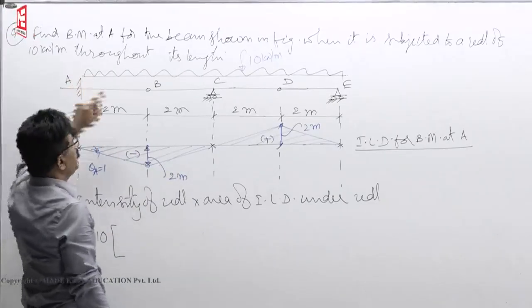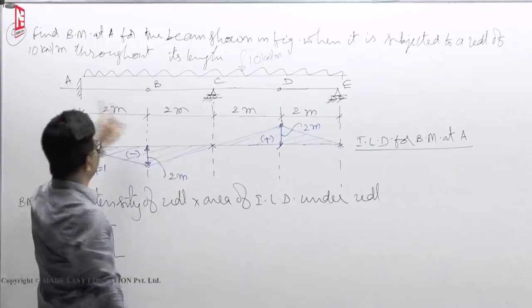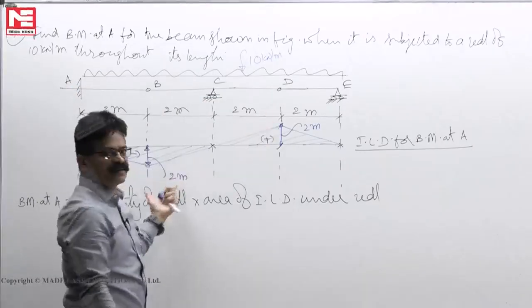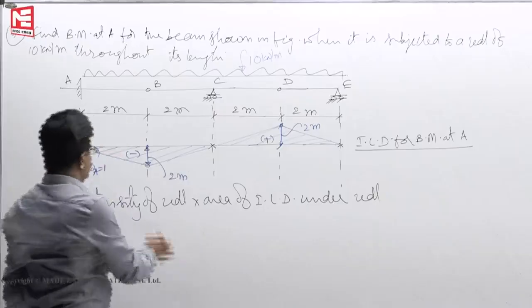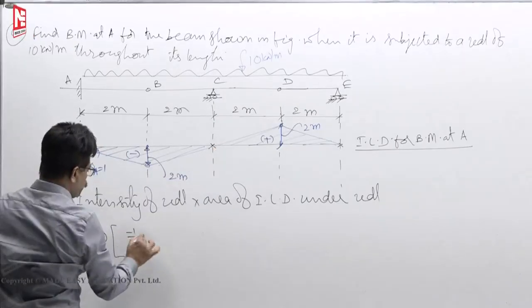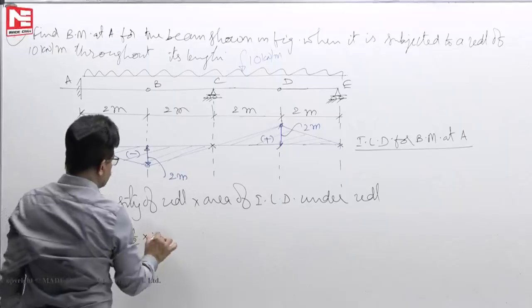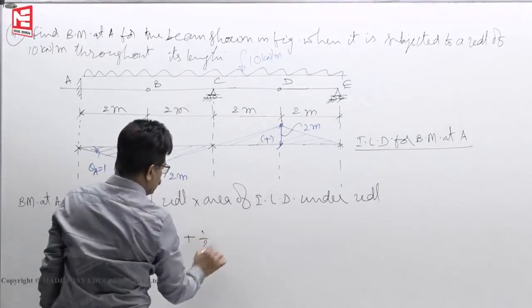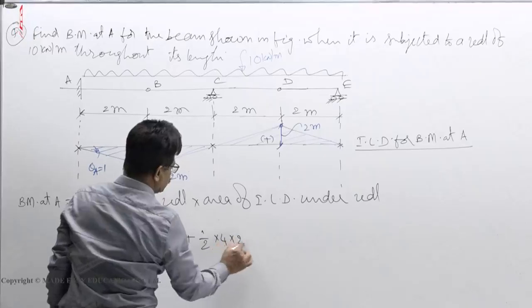So having understood that ILD will save our time, based on the description, first assume a hinge, draw the ILD and check how much it is, that's all. If the areas were different, we could have written 10 into half, base 4 meters, height 2 meters, negative area plus positive area, half base into height.